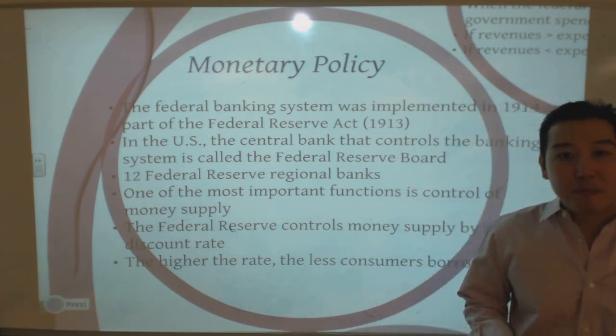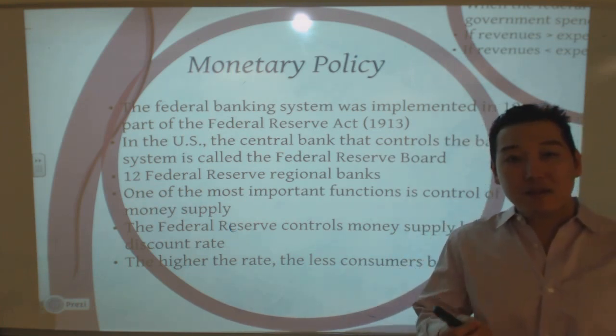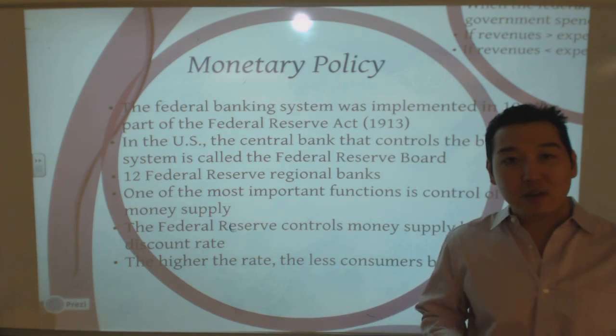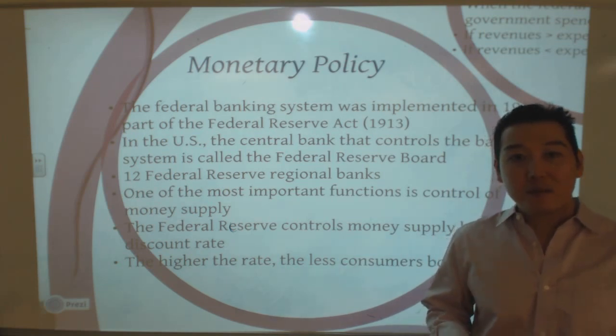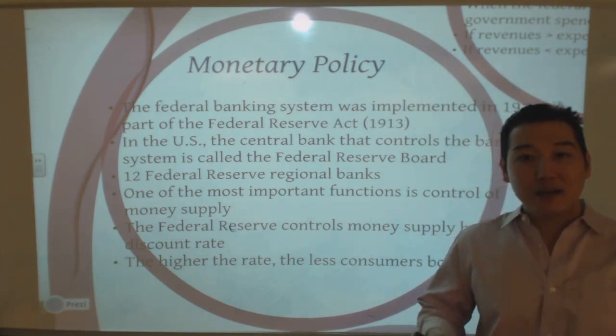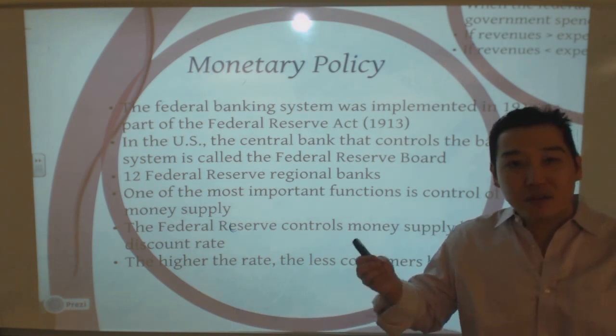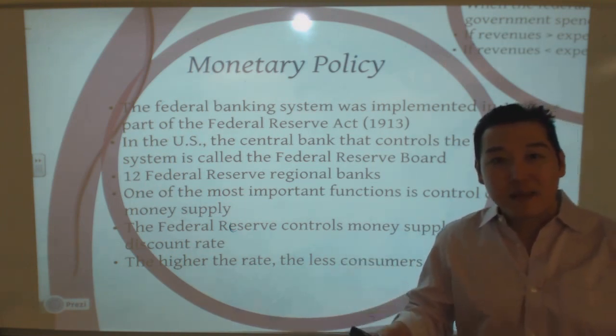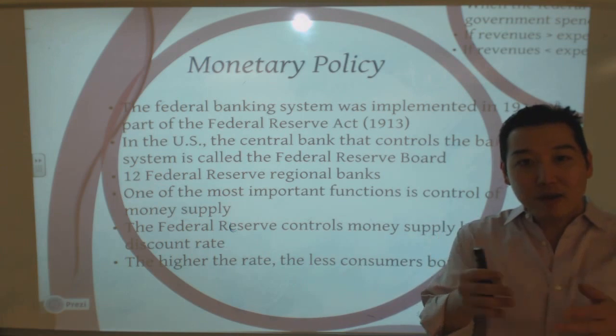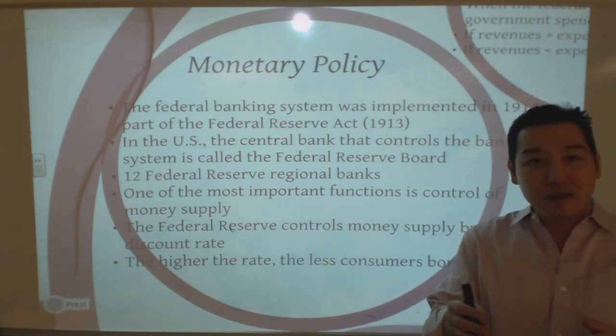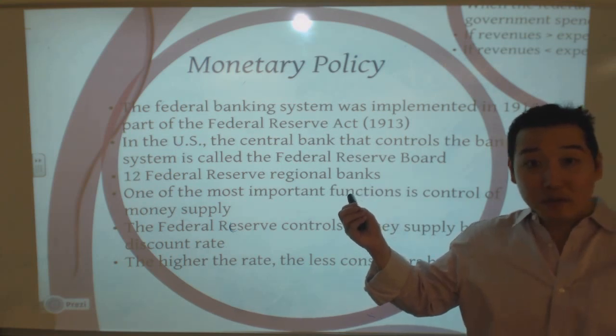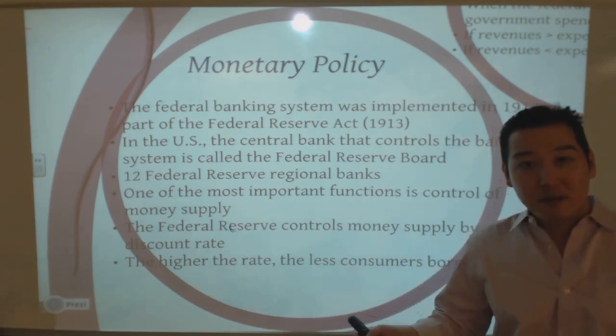This is important because setting the discount rate has effects in terms of inflation and in terms of unemployment. It's often thought that inflation and unemployment are inversely related to one another. Where there's a lot of money floating around, people are spending at will, businesses are thriving, so typically there's a low rate of unemployment, and vice versa.